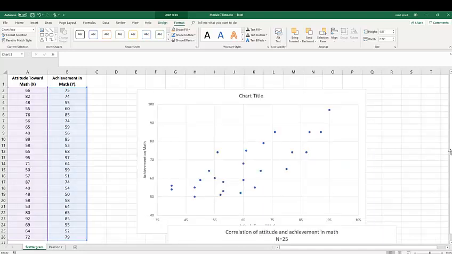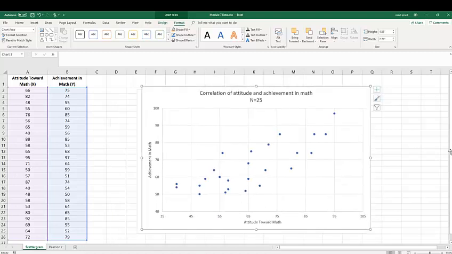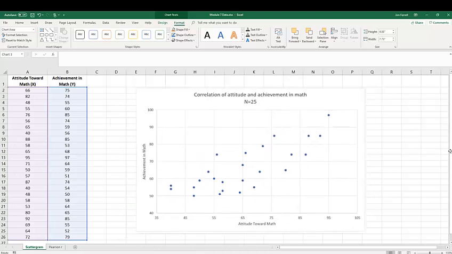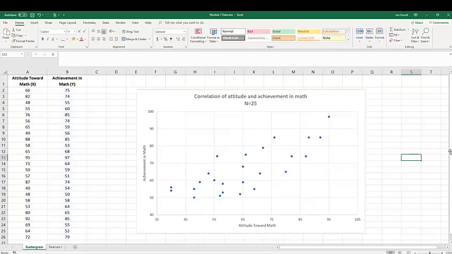Okay, so now you've got a little bit of an idea on how to create charts in Excel. So now that we can visually look and see that indeed we believe there is a relationship and it's a positive relationship, let's go back to our presentation and learn how we can do this mathematically, and then I'm going to show you how to actually do it in Excel.